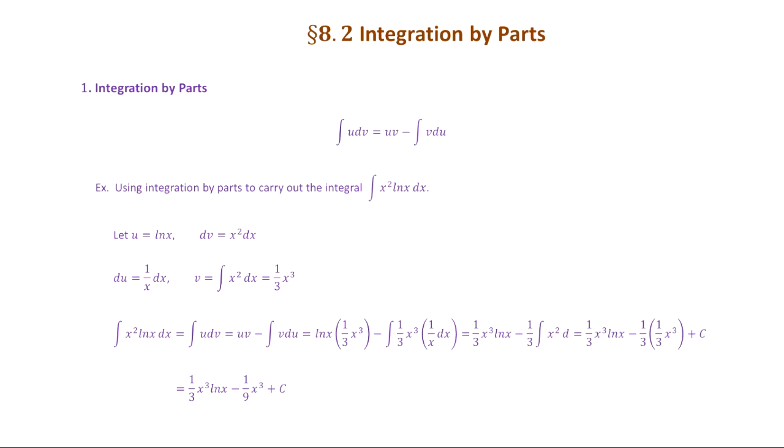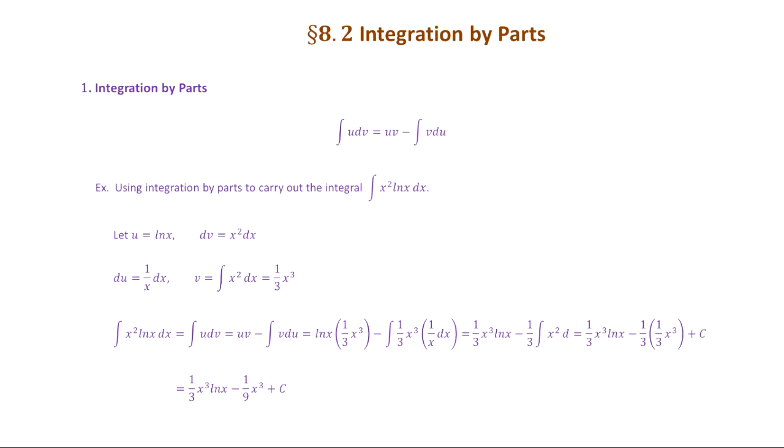The remaining part, if you take out ln x, is just x squared dx, and that's the dv in the formula. Then you take the differential of u, and you get du equals 1 over x, which is the derivative of ln x, times dx. And to get the v, you just integrate x squared and get 1/3 x cubed.